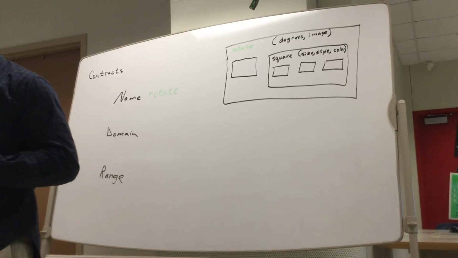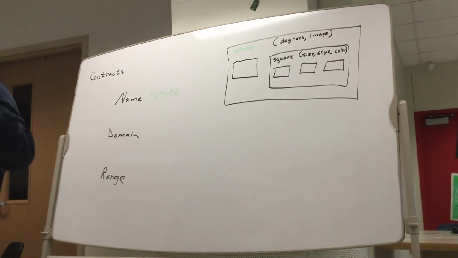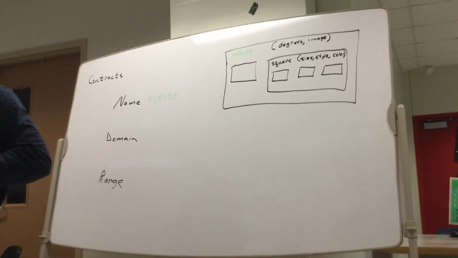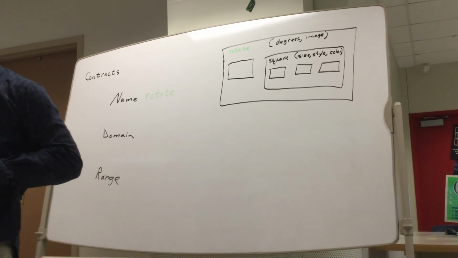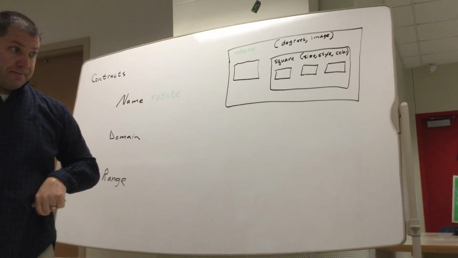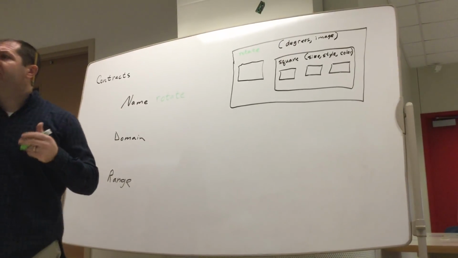It's like a little handshake. You put in these 3 things, and I'll produce a square every single time. But you have to put in the 3 things: a number for size, a string for style, and a string for color. Now, rotate's a little bit different.